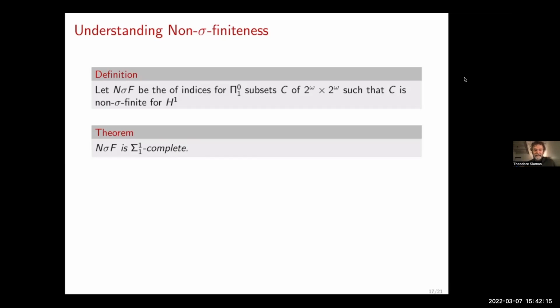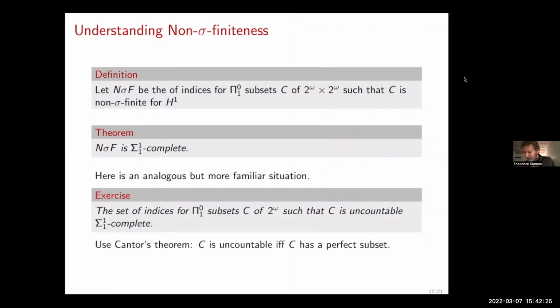That it's difficult sort of confirmed my experience. It was difficult to work with. I would have been astonished if it were an arithmetic property. But after looking at it, the fact that it's Σ^1_1 is not so surprising. Here's a good analogy to a much more familiar situation.